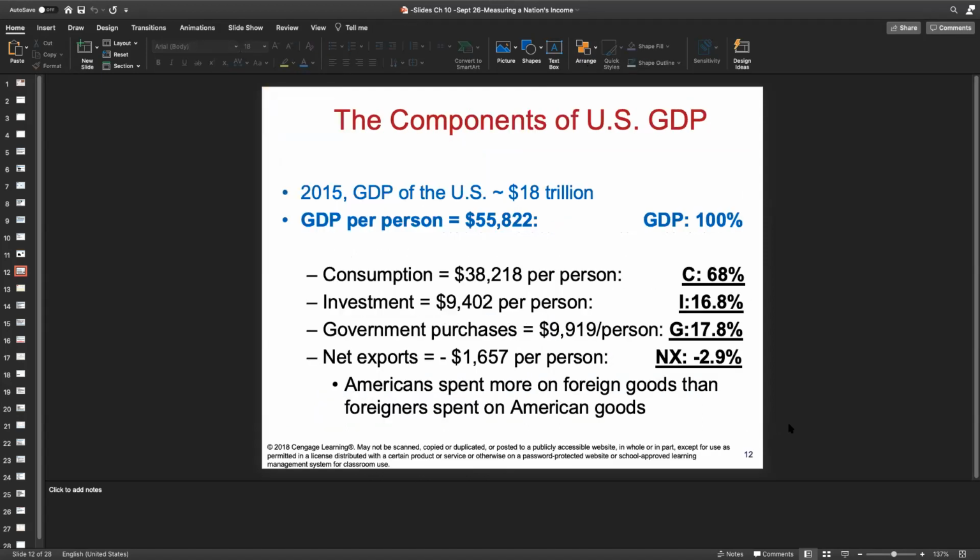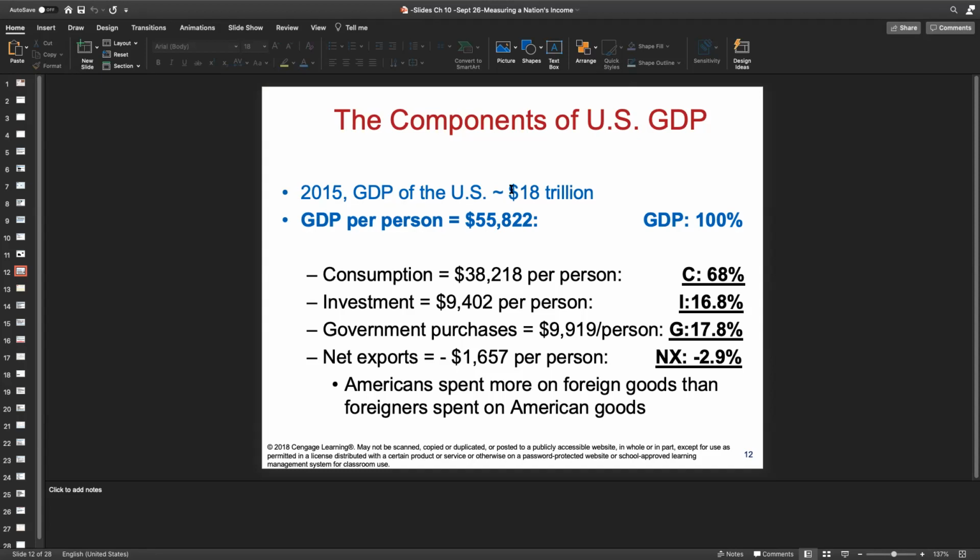So let's give you an example of the components of US GDP in 2015, when the GDP in the United States was about $18 trillion. When we say that the GDP in total was $18 trillion, it's very difficult to compare the GDP of the United States with other countries, because every country has a different population size. Therefore, we calculate the GDP per person.